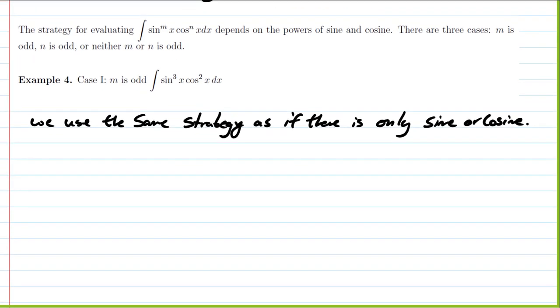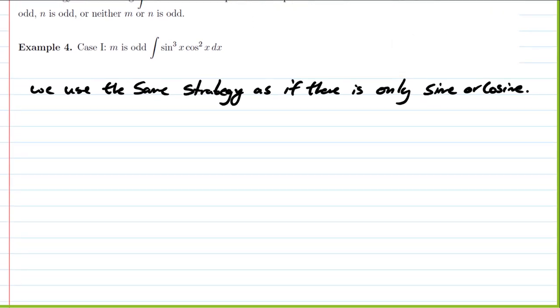So in this case, we have sine as odd. So what was our strategy? We're going to rewrite, I'm going to put the cosine first because we're not going to use it. And then I'm going to rewrite sine cubed as sine squared x times sine x dx.